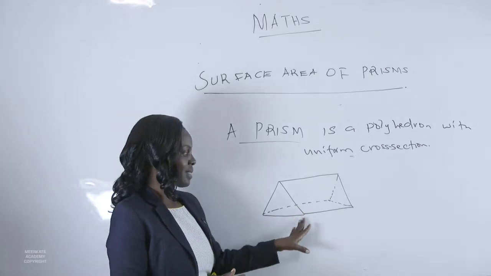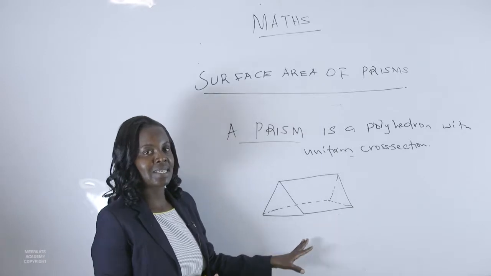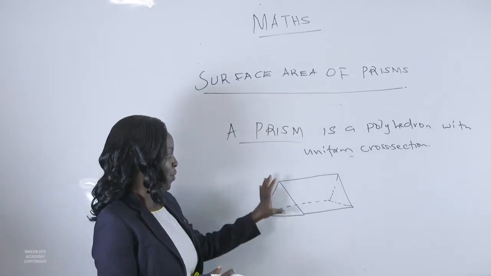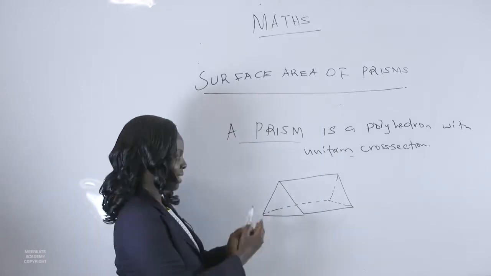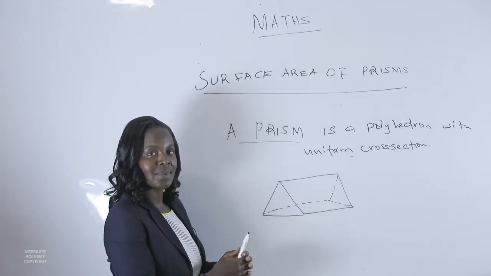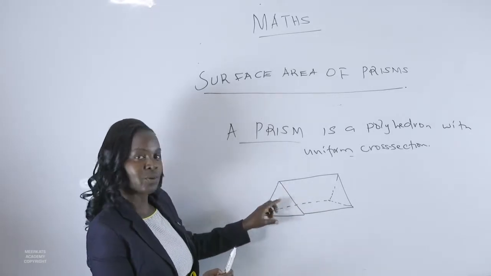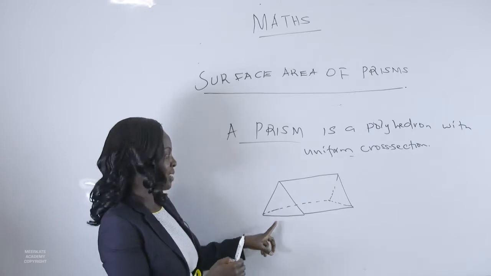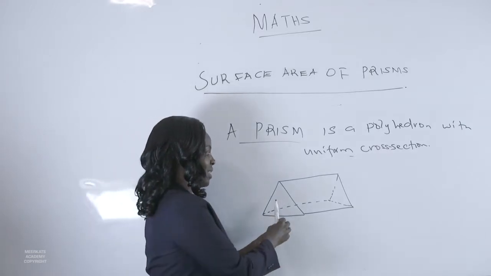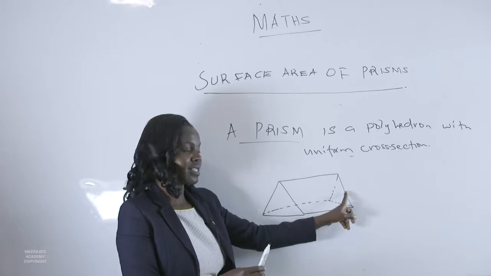So let us look at this object. It is three-dimensional. You realize that it has surfaces. This is what we call the cross-section. And the cross-section, you realize that they are identical. There are two identical ends.